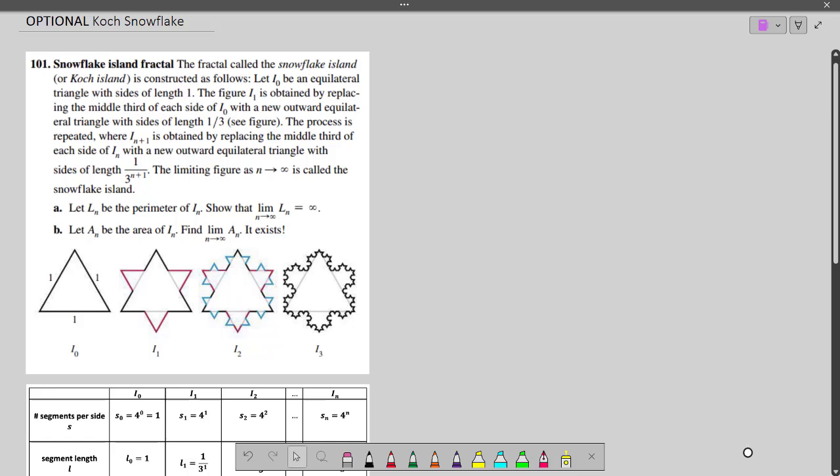So here is an example of the Koch snowflake. Koch snowflake is a fractal. And you build this fractal by chopping off middle thirds and adding this equilateral triangular shape repeatedly forever.